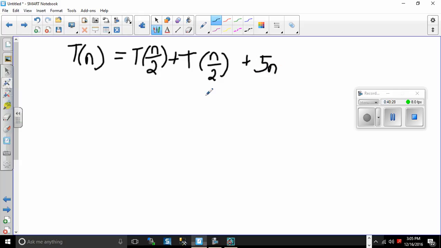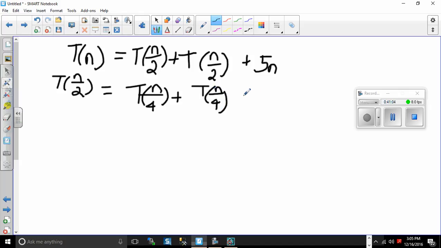All right, so T(n/2) then, through algebra, is equal to T(n/4) plus T(n/4) plus 5/2 n.